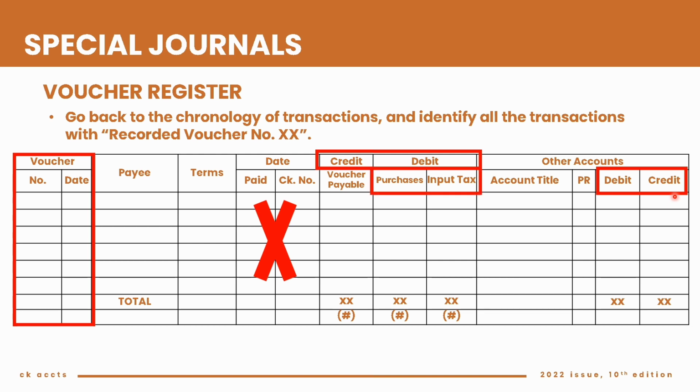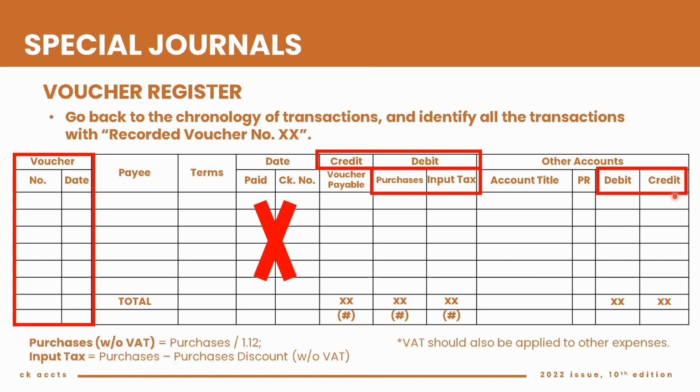Yan. So, again, for voucher register, same goes with sales journal. Kapag input tax, laging kaakibat ay purchases. Okay, wag din yan kakalimutan. So, for our formula, we just have to get the purchases without the VAT na ilalagay natin dito sa ating voucher register.